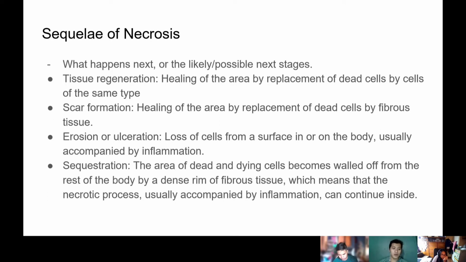Next is erosion or ulceration, loss of cells from a surface in or on the body, usually accompanied by inflammation. Lastly is sequestration, where the area of dead and dying cells becomes walled off from the rest of the body by a dense rim of fibrous tissue, which means that the necrotic process, usually accompanied by inflammation, can continue inside.